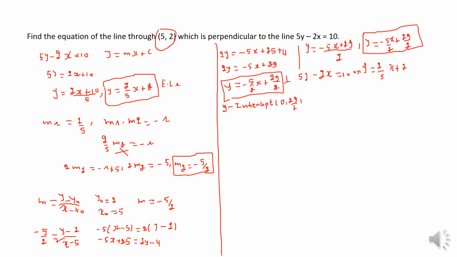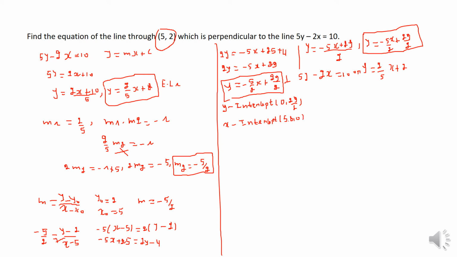This is the point. So about the x-intercept, where y is equal to 0, we get 5.8 and 0.